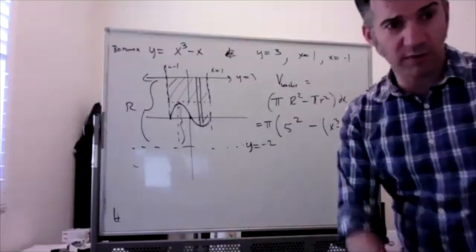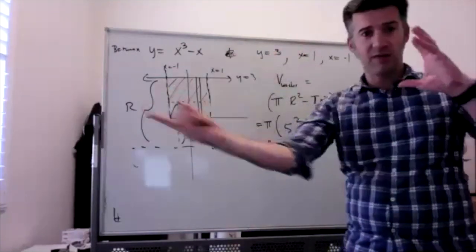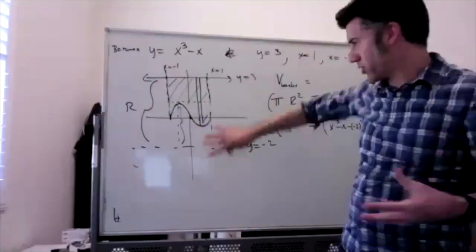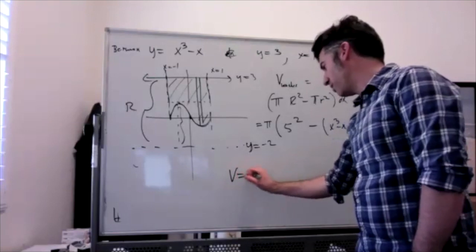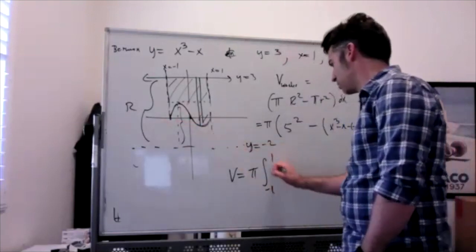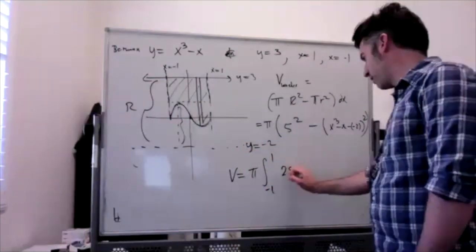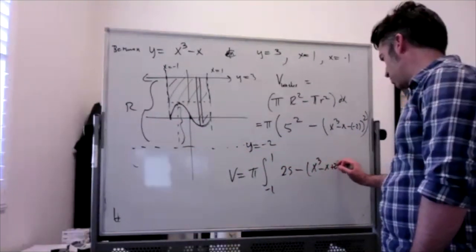So then the volume of this weird looking shape, which would be like a cylindrical shell with some weird curvy part cut out of the middle, would be pi times the integral from -1 to 1 of 25 minus this garbage, x cubed minus x plus 2 quantity squared.